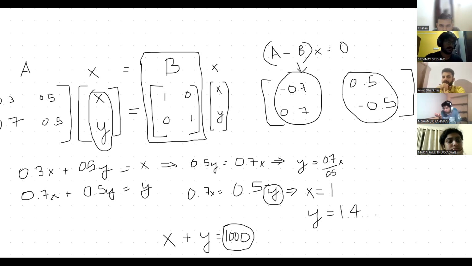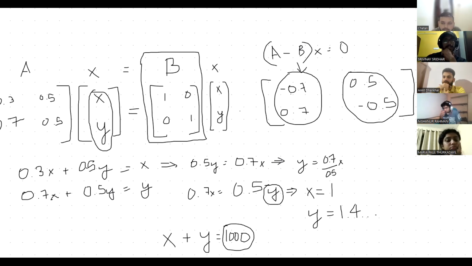I would consider it as scalar multiples only for this. And function-wise, there are more than one input which is giving us 0, 0. Isn't it? This is what basically you said.